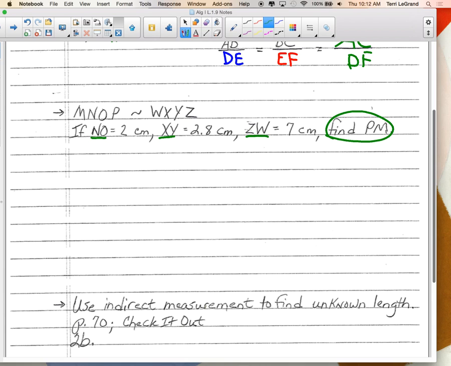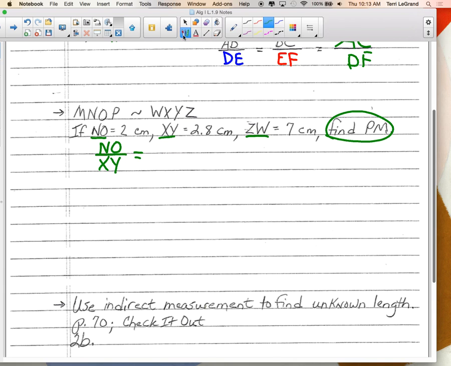So let's just start. Length NO, what length does that correspond with from the other quadrilateral? XY, the one in the middle. And so we've used up our first two, that's good. We need a ZW. So ZW, should that go upstairs? No, because we have to keep the relationship, so we have to be really careful about that.